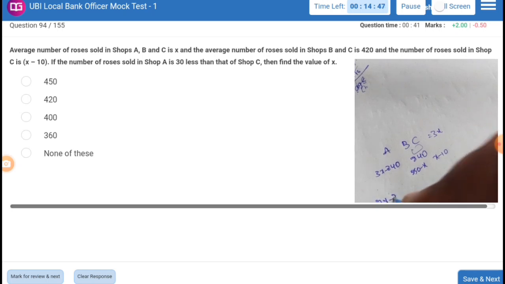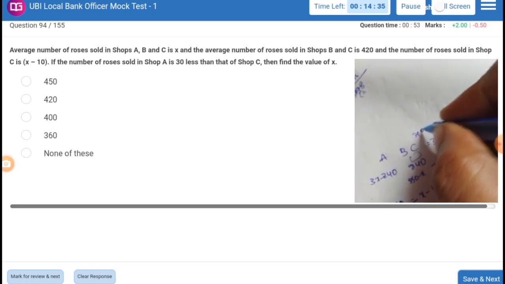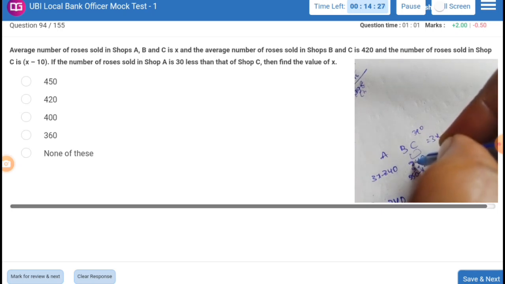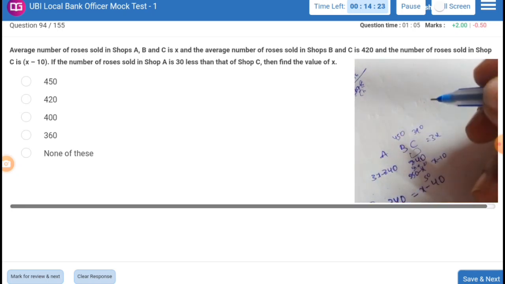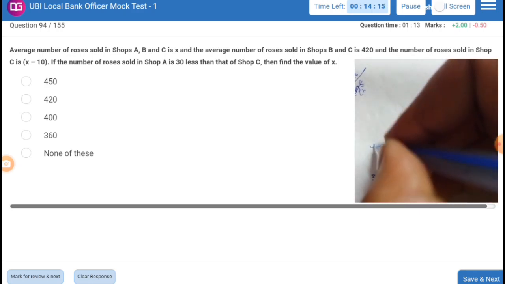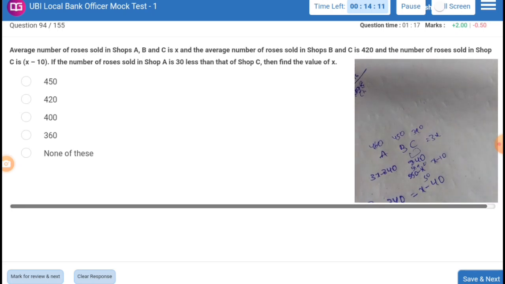A is 30 less than. 400. 360. It is the x value, that is 400.